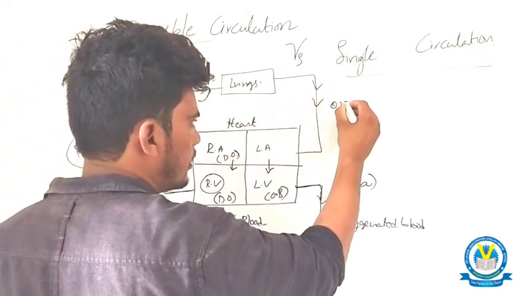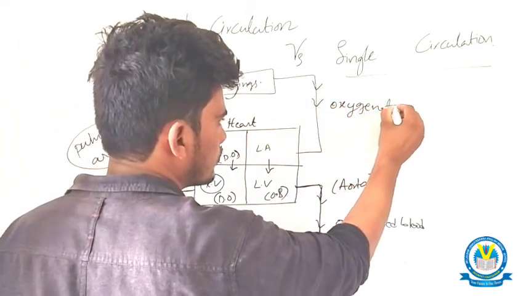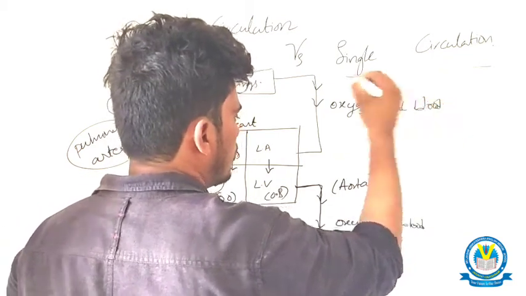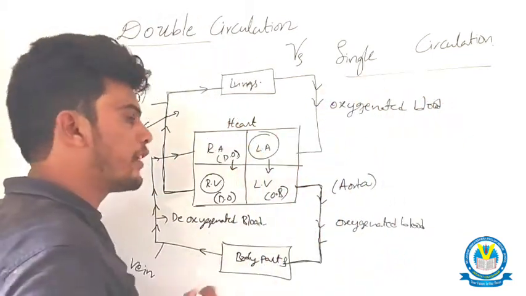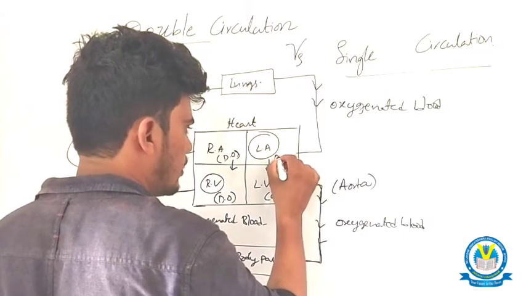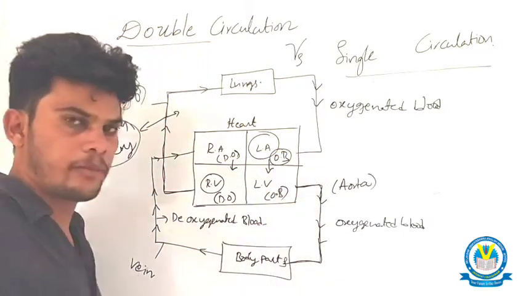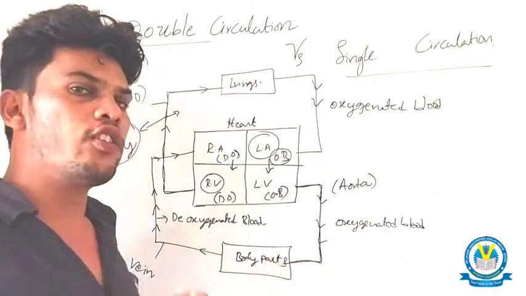Then this oxygenated blood goes to the left auricle. So here there is oxygenated blood. This process continuously takes place.